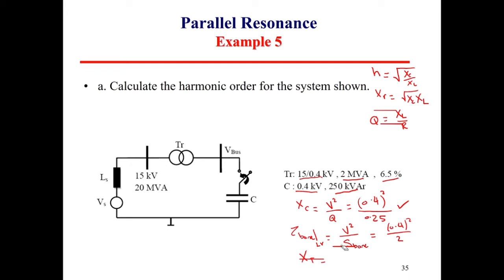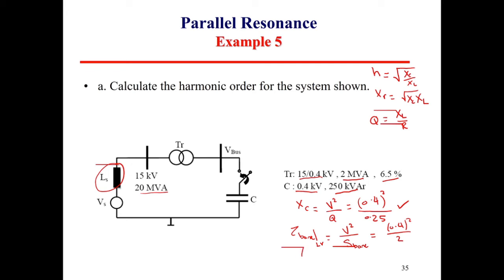But in this case we don't have only the transformer impedance, but we have also the source impedance. So to find the source impedance, we are given the short circuit level over here, and we are given the voltage, but of course we need to refer that one to the low voltage side.